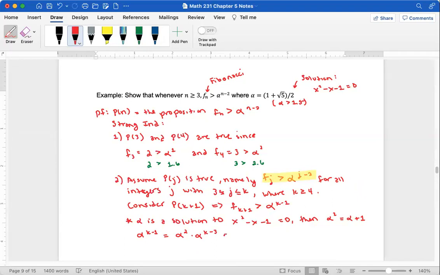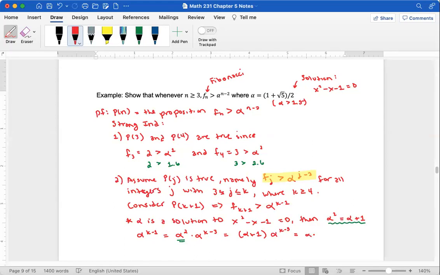All right, now I'm going to use my magical statement that I just said. I said that alpha squared equals alpha plus 1, and I just produced alpha squared, which is what I wanted. So this is going to equal alpha plus 1 times alpha to the k minus 3. Now I'm going to distribute that.